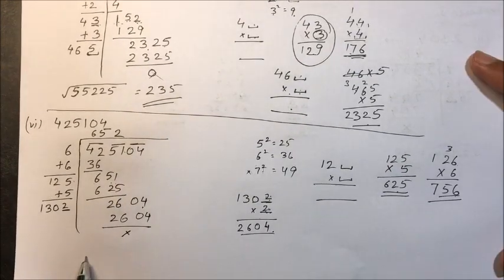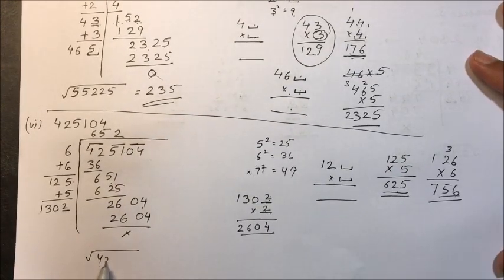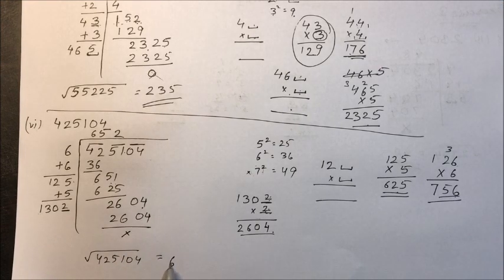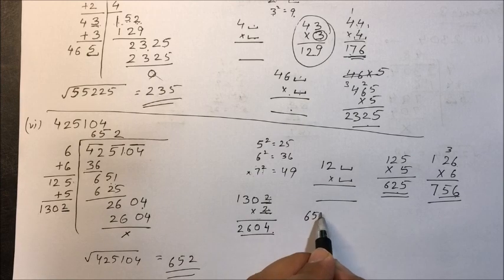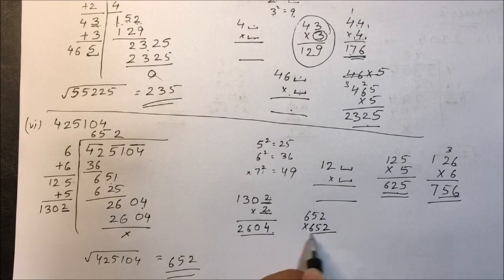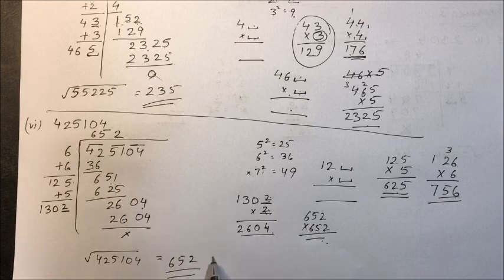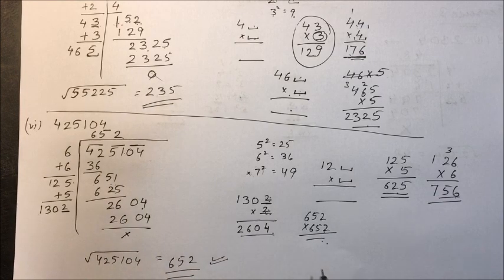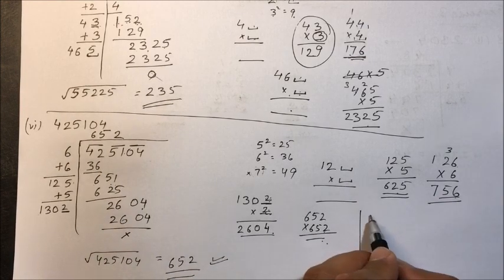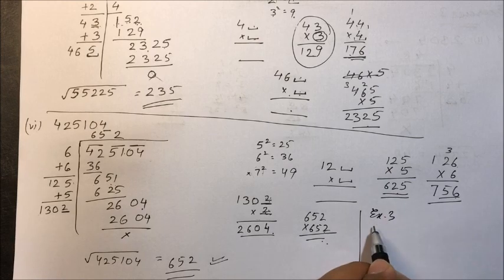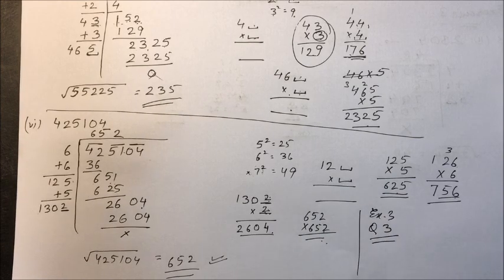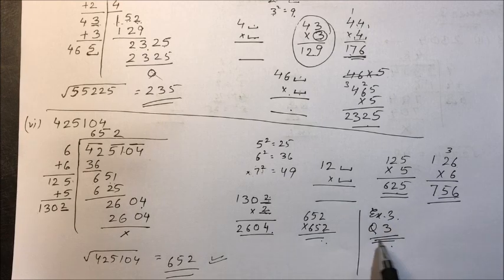Therefore the square root of 425104 is equal to 652. You can check as well. How to check? 652 into 652. If the square of this number comes out to be this number, the square root is correct. Now you have to complete exercise 3, question 3.